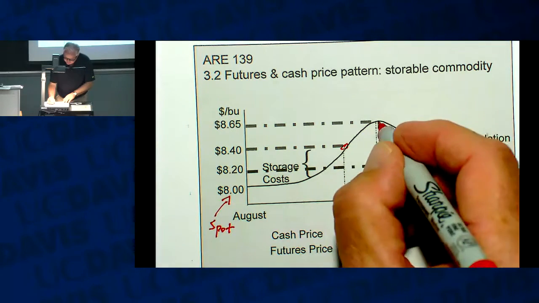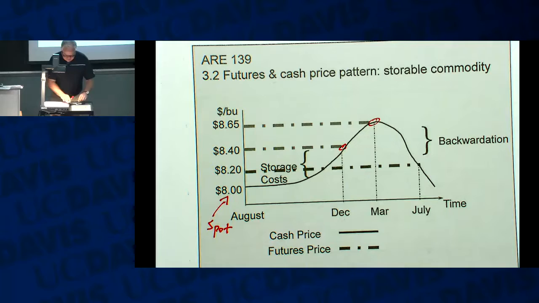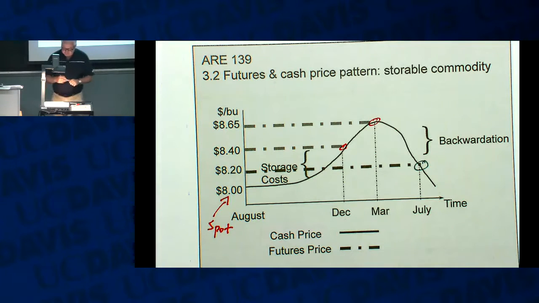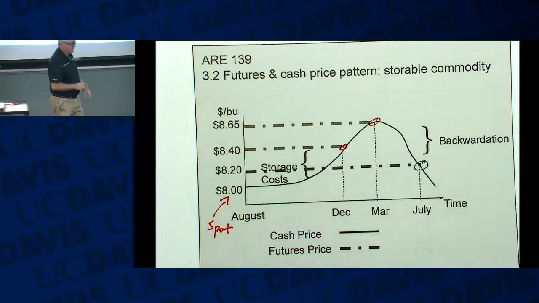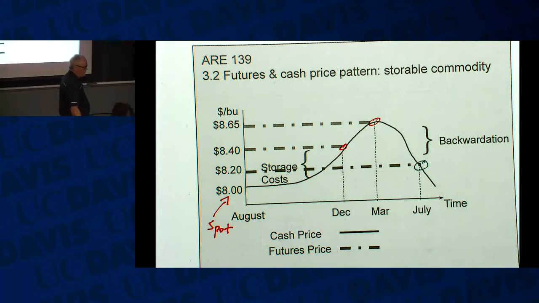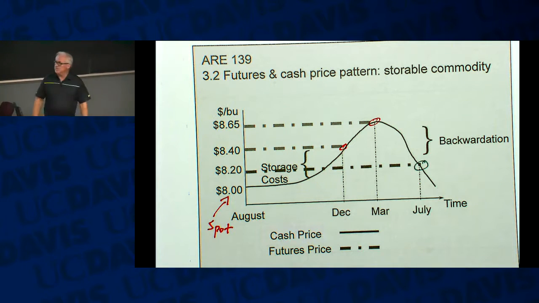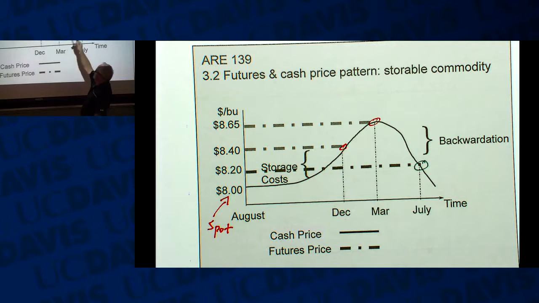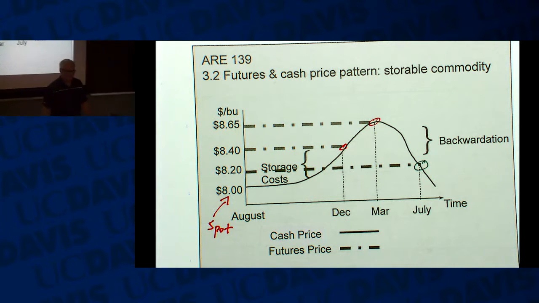We have March futures, which is $8.65. And then we have July, which is $8.20. So you'll notice when we compare the spot price with December and March, that's in contango.